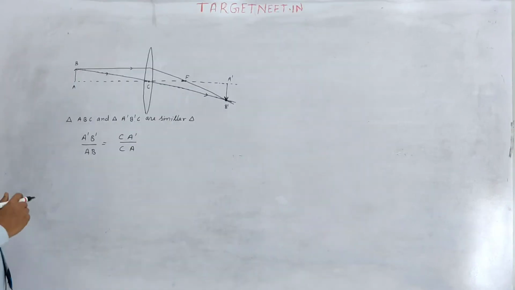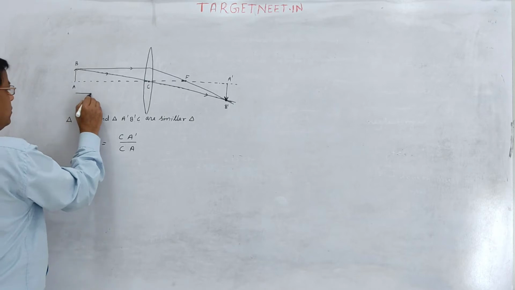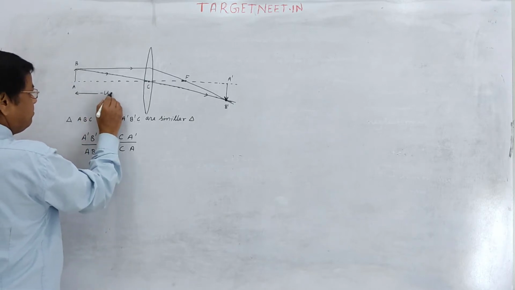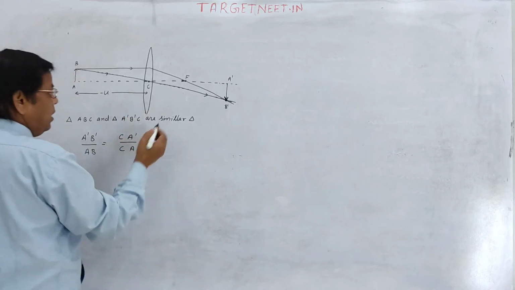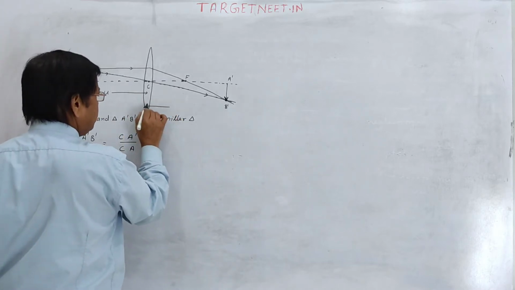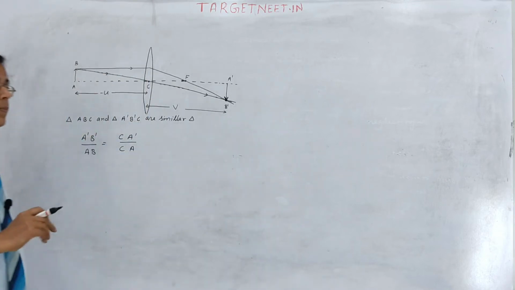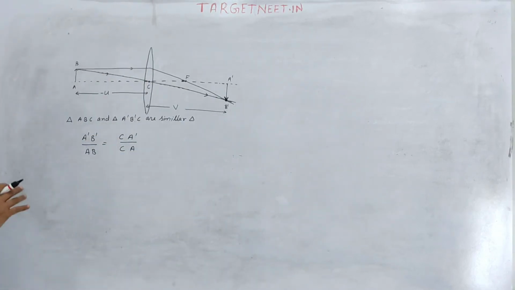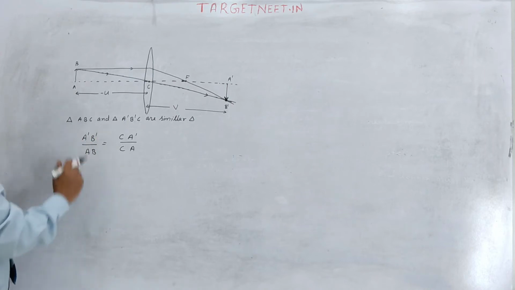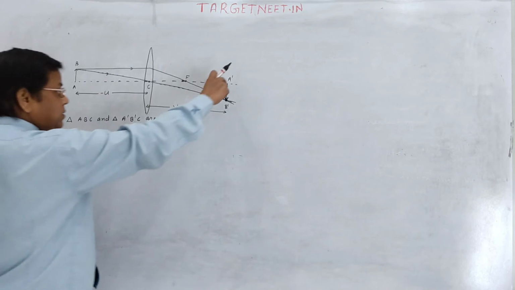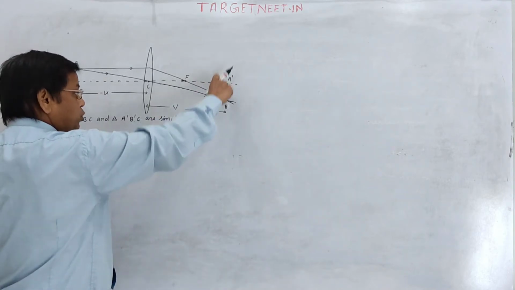Now this distance is said to be object distance, and it is negative, and this distance is said to be image distance, and that is positive. Now if I put the size of image, it is below the principal axis.